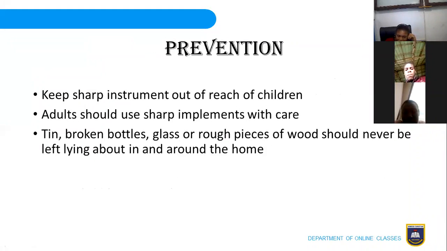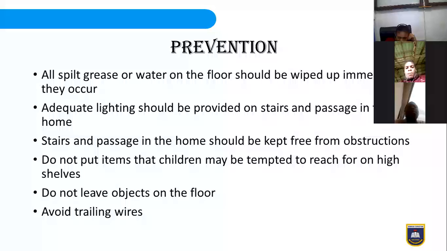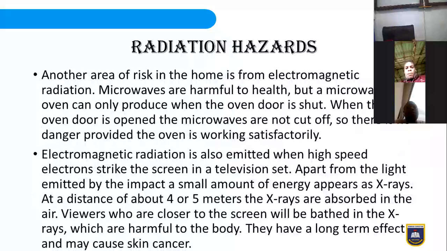Then the prevention, we said we should keep sharp instruments out of reach of children. And we also went further by looking at falls. And I know you can remember all this.